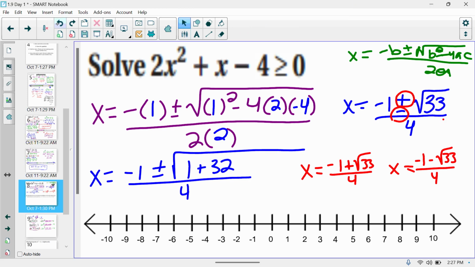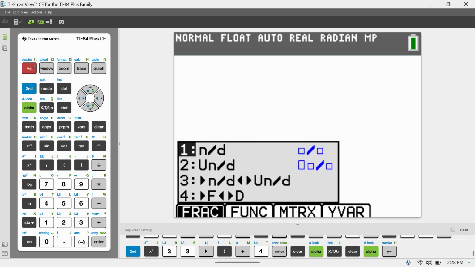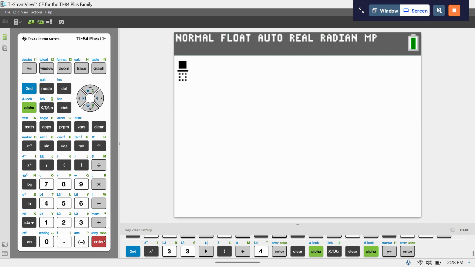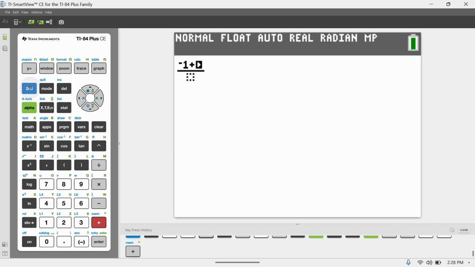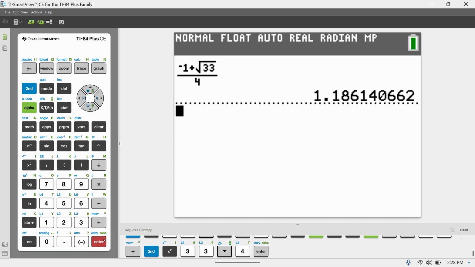So pick up your calculator with me. There's a couple different options. Probably the best option is to do alpha and the button right next to it to get a vertical fraction, or alpha y equals, so this little menu comes up. Because if you type it vertically, negative 1 plus radical 33 over 4, let me tell you what happens if you're going to type it sideways. Just watch for a minute.